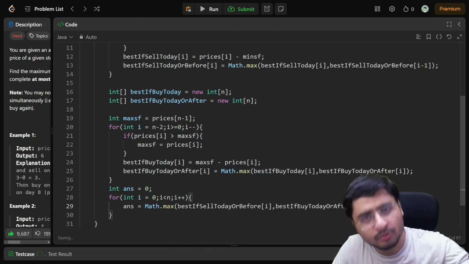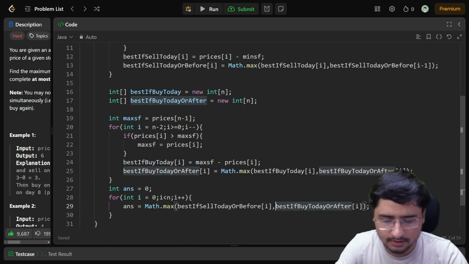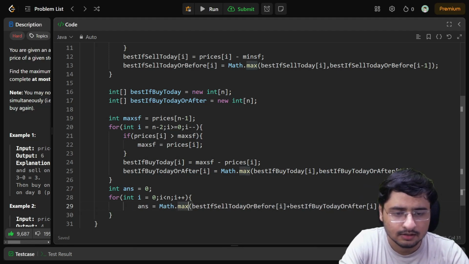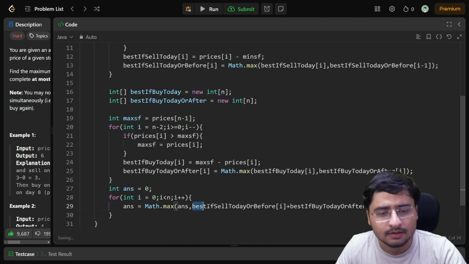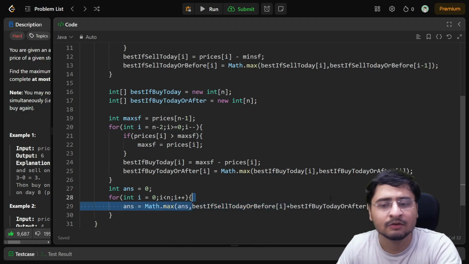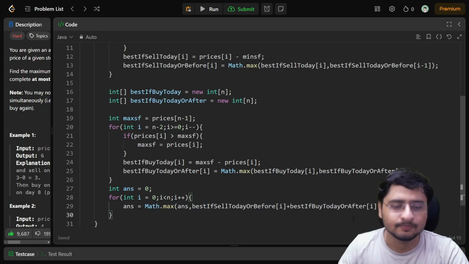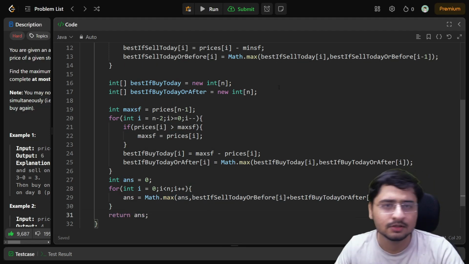So sell today or before, right? Oh, sorry, I want to keep plus here. The maximum answer will be answer, comma answer itself, or if I want to sell today or before, plus if I want to buy today or after. So return answer. This will be the solution itself.